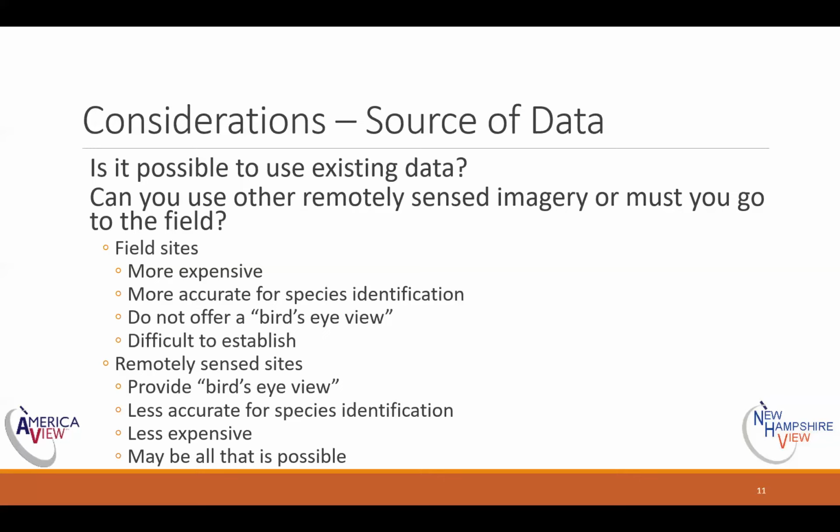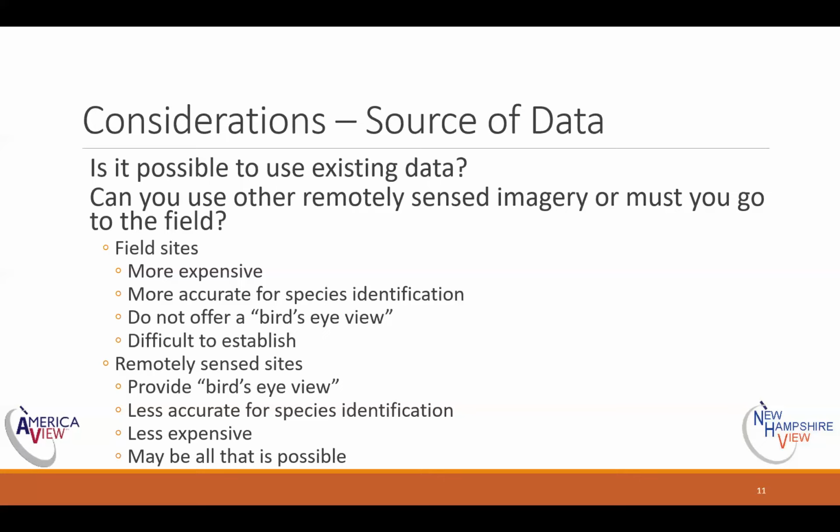What if you use some remotely sensed data? Well, that's nice, more readily available, less expensive. It provides a bird's eye view for sure. However, it's less accurate for species identification. So in some cases, using digital remotely sensed data or other remotely sensed sources is all that's possible. It's all that's available.